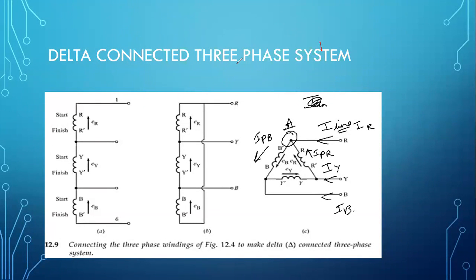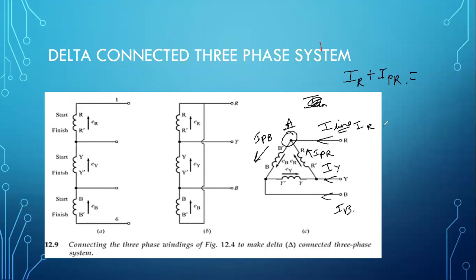IR. Anyone else? Incoming current? Sir, IR and IPR. Yes, IPR. So that is my incoming current. So I can add up the incoming currents, that is IR and IPR.